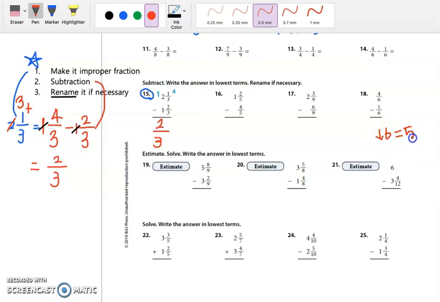I'm going to take 1 from this whole number and turn that into a fraction. So look what I did. Instead of writing 6, I'm going to make it 5. And I'm going to keep the denominator the same, and I'm going to write number 12.